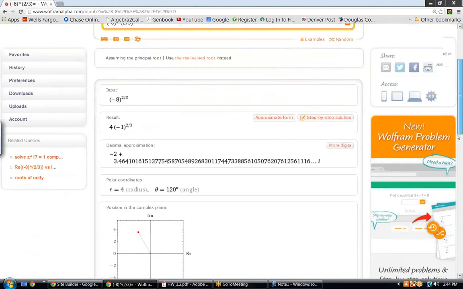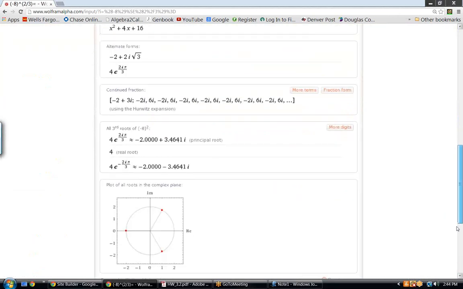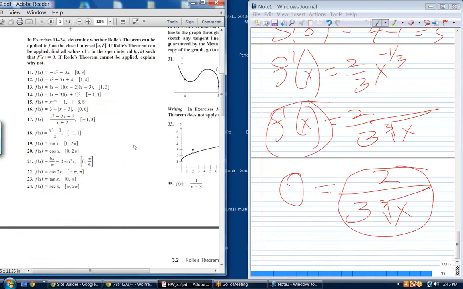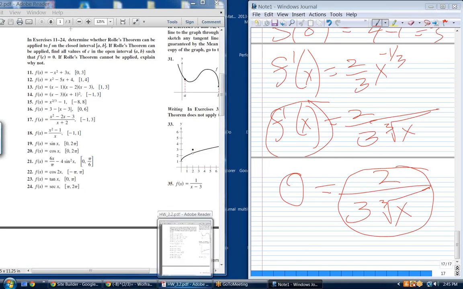But it changes everything, because if minus 4 is truly it, then we can't apply Rolle's theorem, because f of a isn't even equal to f of b. Not to mention the fact that it's not differentiable at 0. Let's leave what minus 8 to the 2/3 power is to a later time.